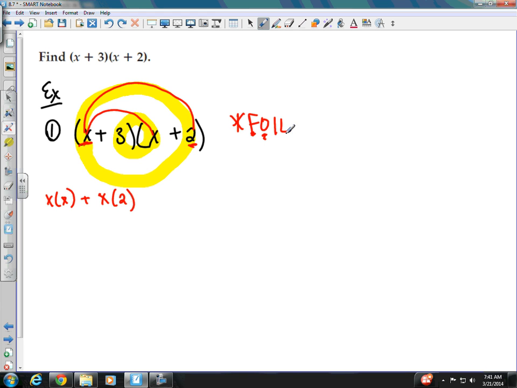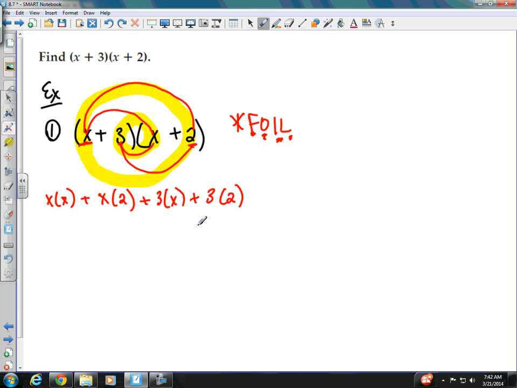Now the I stands for the inside, so once again, thinking about this being a donut, the inside is going to be 3 times x. It's a positive 3, so plus 3 times x. Then last is the last terms in each parenthesis. 3's last in the first one, 2's last in the second one. So plus 3 times 2.